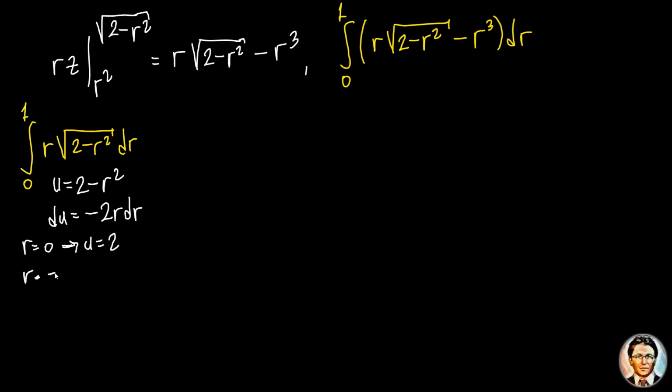When r is 1, u is 1. So it will be the integral from 2 up to 1. The square root of 2 minus r squared is u to the 1 over 2, and instead of r dr we may write negative du over 2.